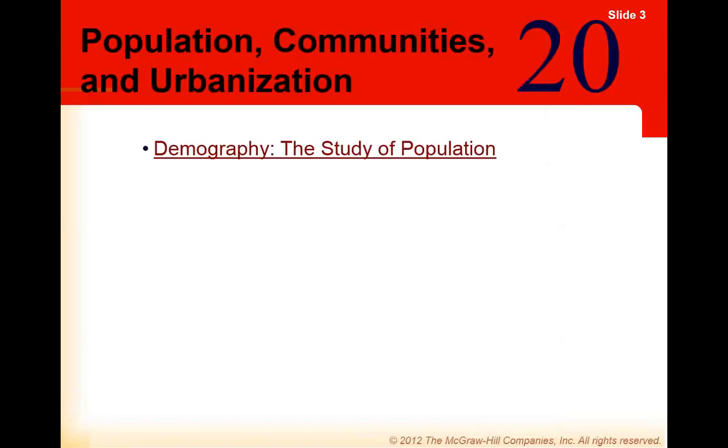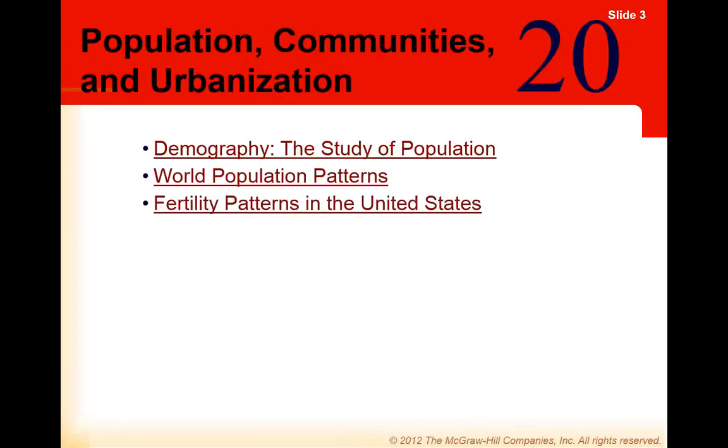Some of the things we're going to be looking at: we'll take a look at what demography is. We'll examine some world population patterns. We'll take a look at fertility patterns in the United States and examine how those have changed.